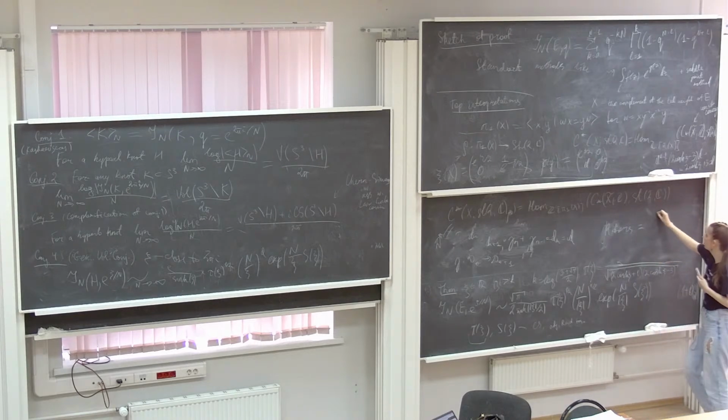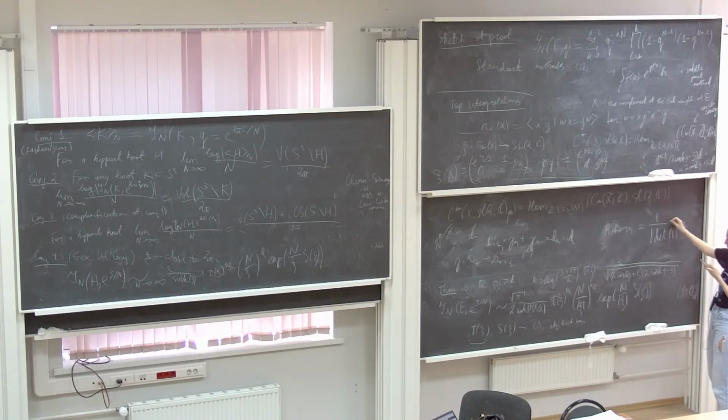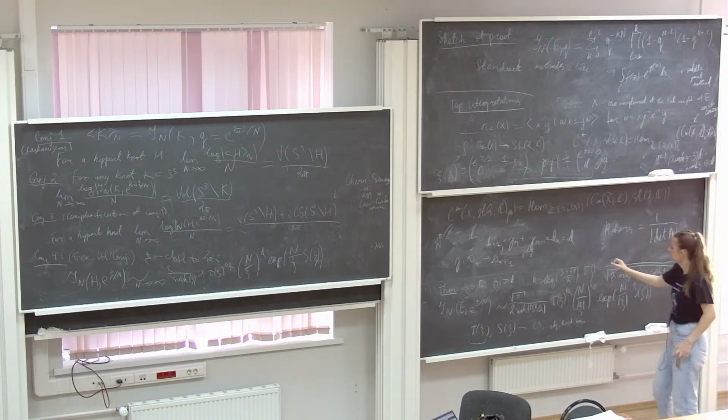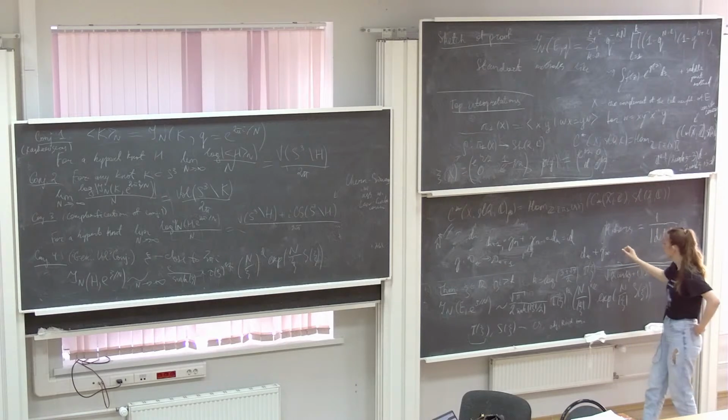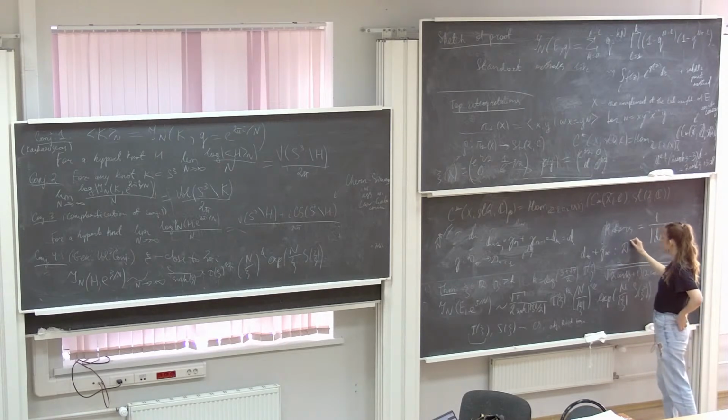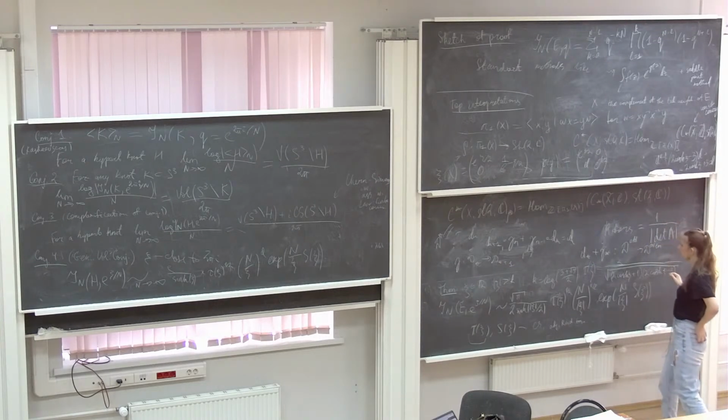maybe is defined as one by this thing, where A is just the matrix of this thing, which acts from D odd to D even. So it's some... I like met it for the first time in my life while preparing for the talk.